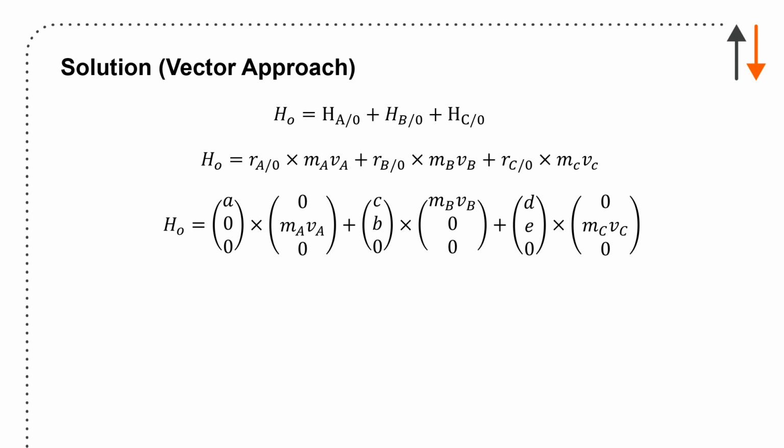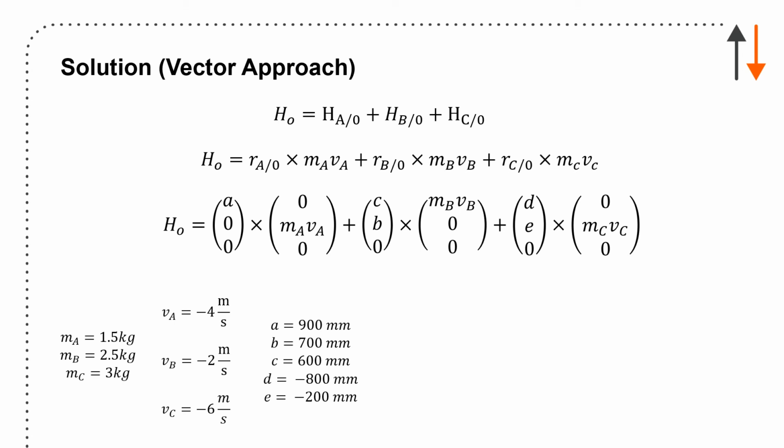So I got the position (A, 0, 0) crossed with (0, m_A v_A, 0) because this is in the j component, then (0, C, B)... with (m_B, 0, 0) which is the only one acting in x, then (0, D, E) with (0, m_C v_C, 0). So the linear momentum on the right, there you go, and the position with respect to O on the left.